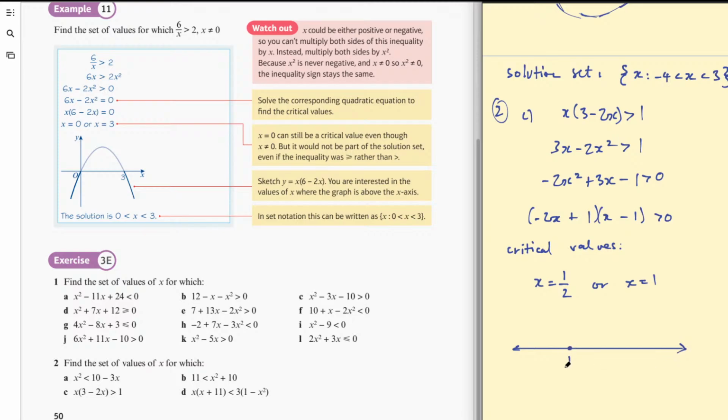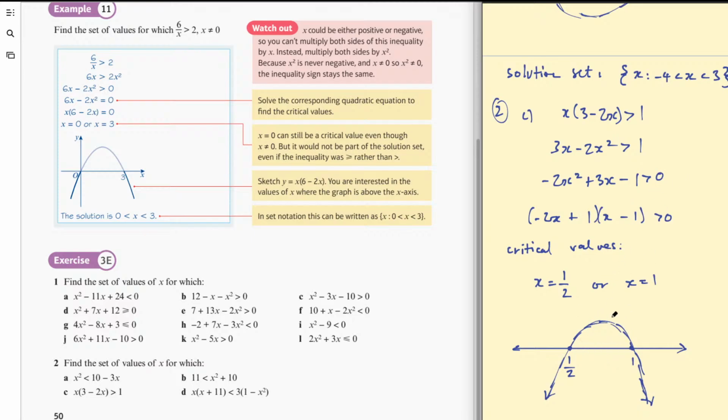Got one critical value at a half, 1 at 1, and this is a negative quadratic, so it's upside down or a frowny face quadratic, and we want it when it is greater than 0.